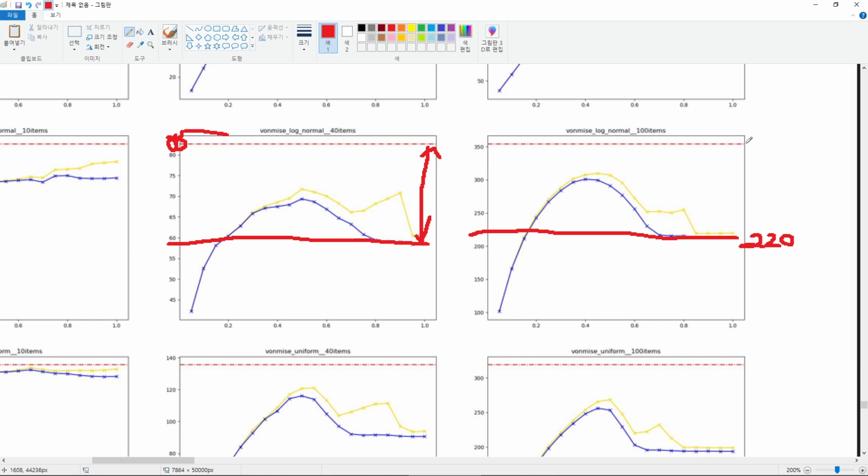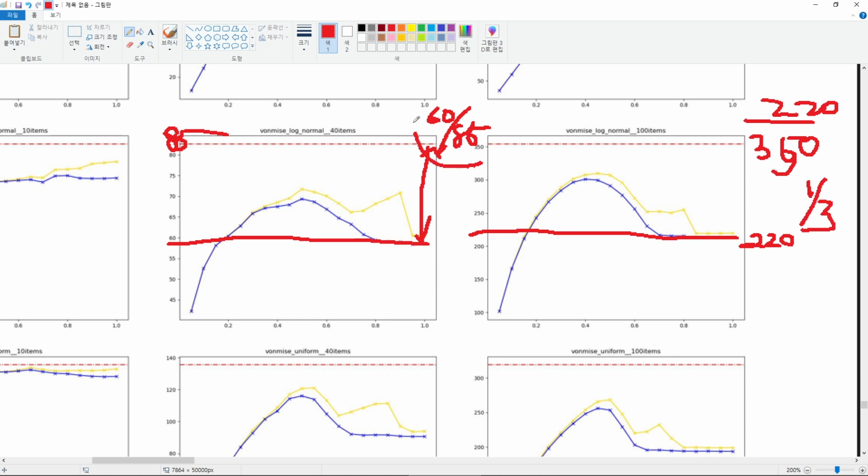And the maximum, the total sum of utility values, is above 350. Whereas this was 85, and below 60. 60 divided by 85 is about 1/3. This is more than 1/3.